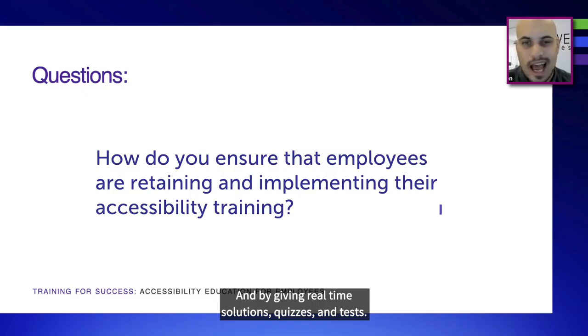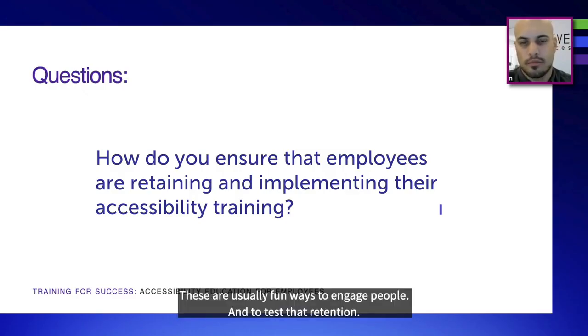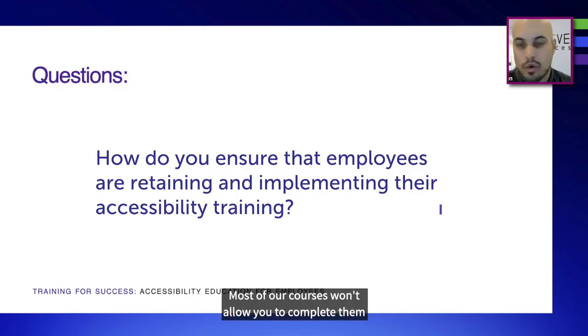Quizzes and tests, these are usually fun ways to engage people and to test that retention. Most of our courses won't allow you to complete them until you've answered a set of test questions correctly. So those are some of the e-learning solutions.